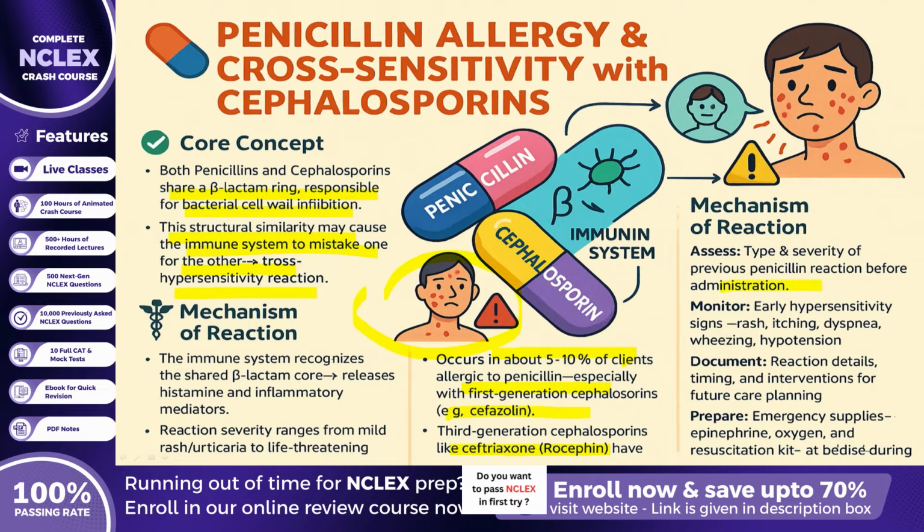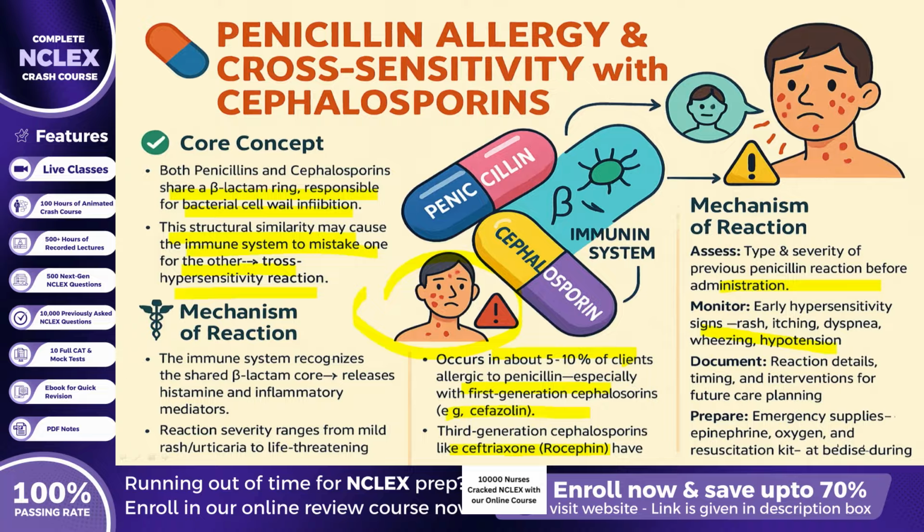If the provider decides that the cephalosporin is essential, the nurse should administer the medication cautiously while monitoring the client for early signs of hypersensitivity, including rash, itching, dyspnea, wheezing, or hypotension, especially during the first few minutes after injection. It is equally vital to document the type of allergic reaction, onset, and treatment provided, as this record guides all future antibiotic therapy decisions.